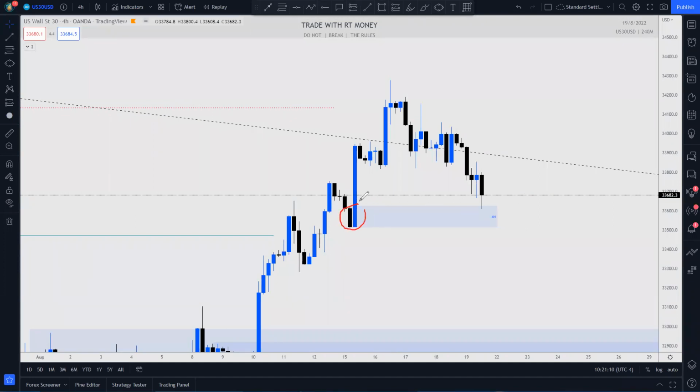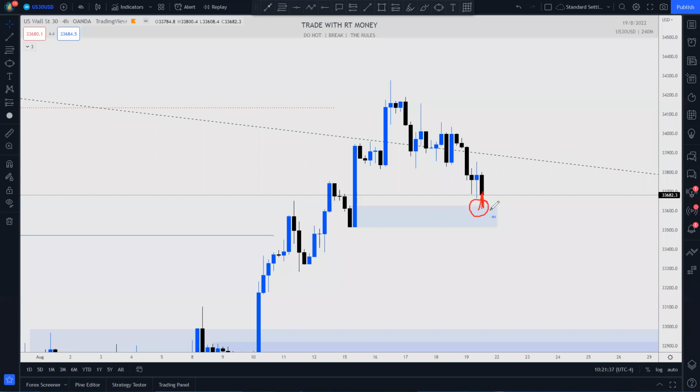It's pretty clean. There is no inducement here other than the generated liquidity as it made its way back down to it. So I do like that aspect, but it didn't give that definitive sweep of liquidity. But I want to see what the reaction is.